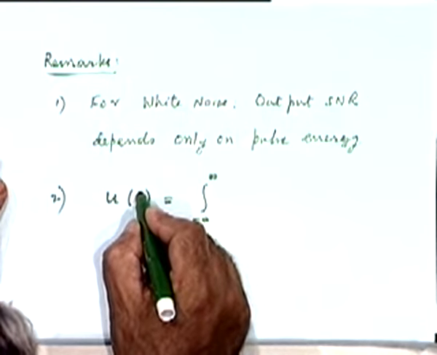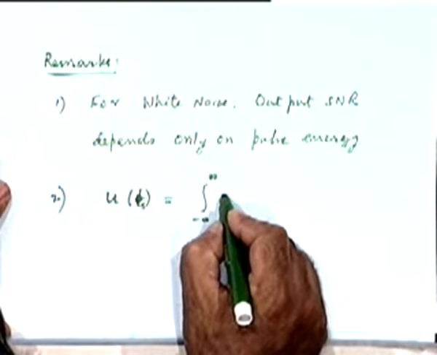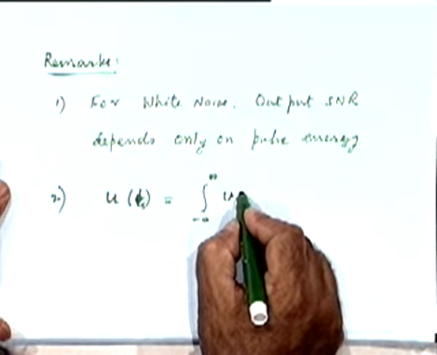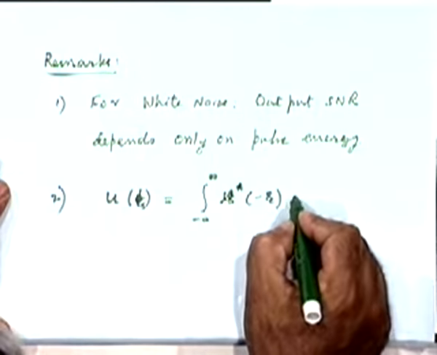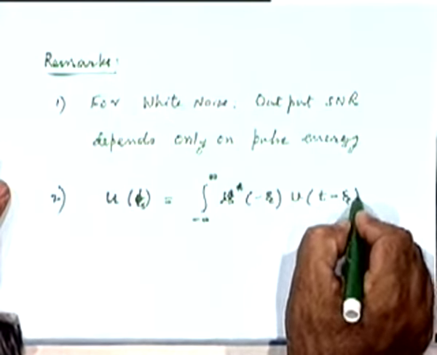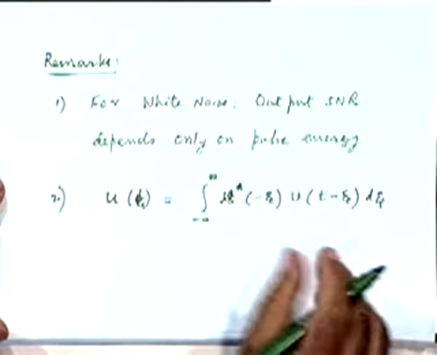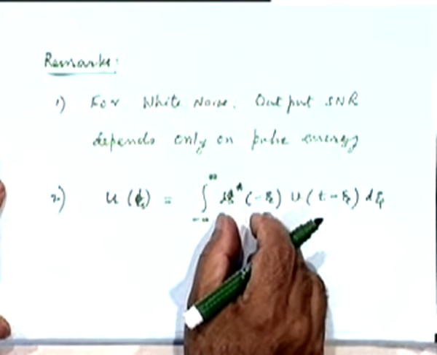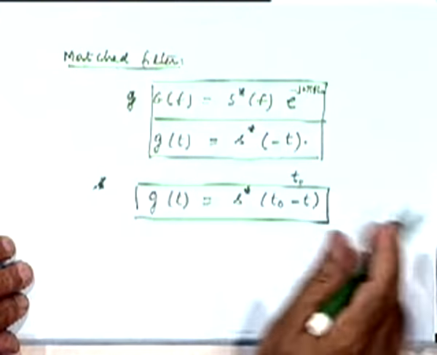let me write down the general expression first. u(t) is equal to the output, which is input convolved with the impulse response: integral of S conjugate minus zeta into the input v(t minus zeta) d zeta. Convolution between the input and the impulse response. The impulse response we have seen is S conjugate minus zeta, the matched filter impulse response. Using this expression, g(t) is equal to S conjugate minus t.